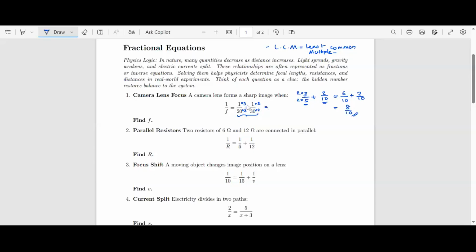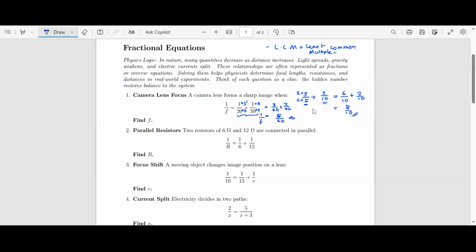Now we end up with 1 into 3, 3 upon 60, plus 1 into 2, 2 upon 60. So you have 3 plus 2, 5 over 60. So 1 over f is equal to 5 over 60. You can deal with this in two ways. One is I can directly get the reciprocal.